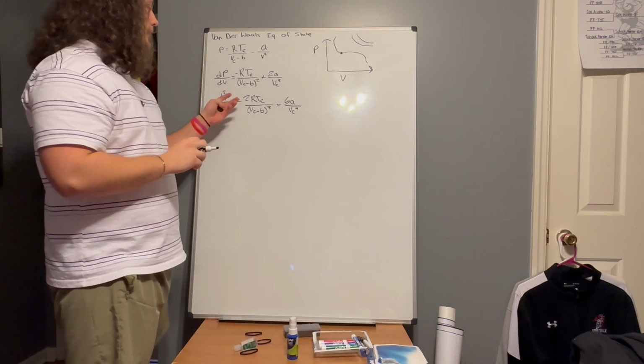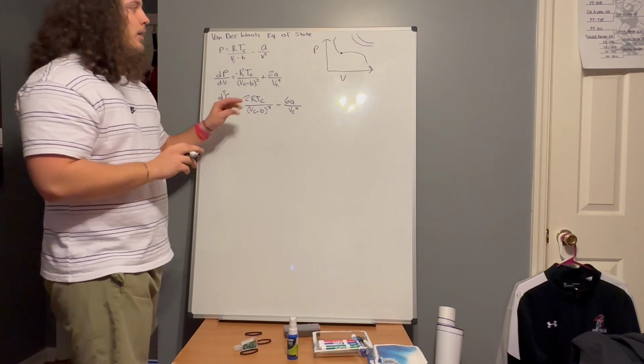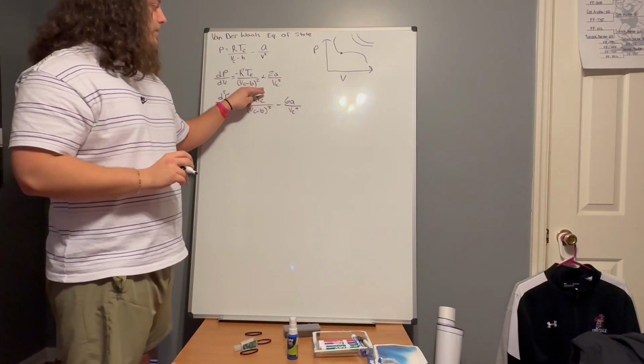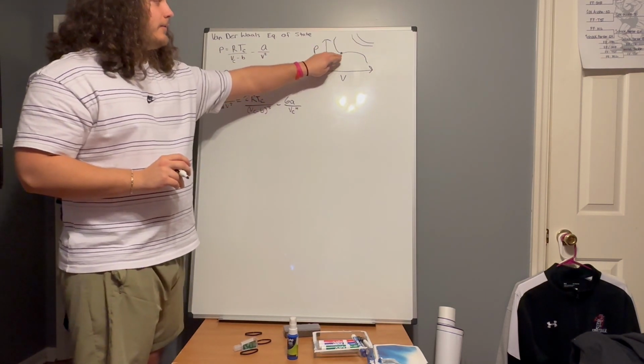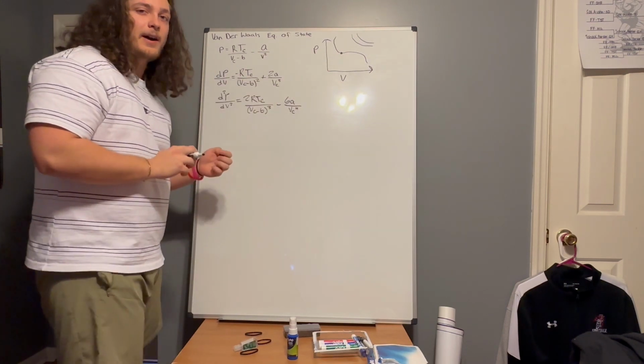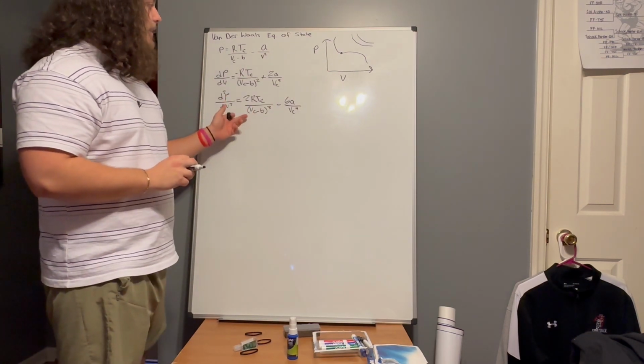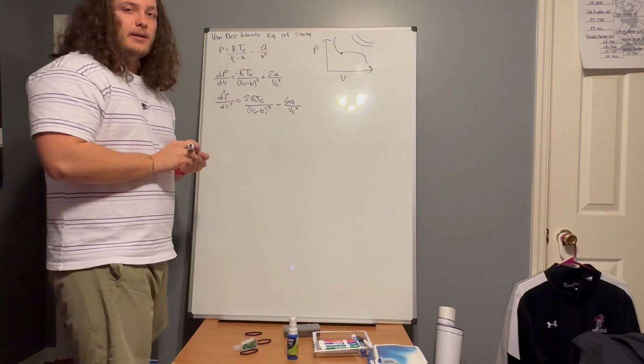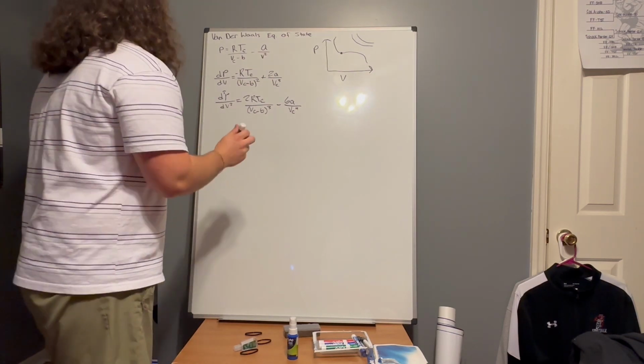What we're going to do from here is set these equal to 0 to solve for the values of the critical volume and temperature at the critical point of a non-ideal gas.